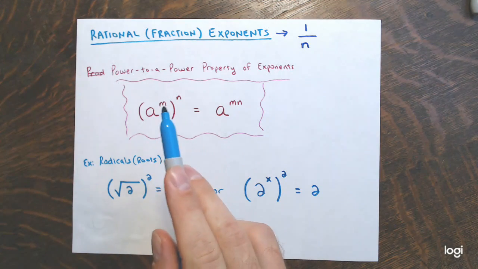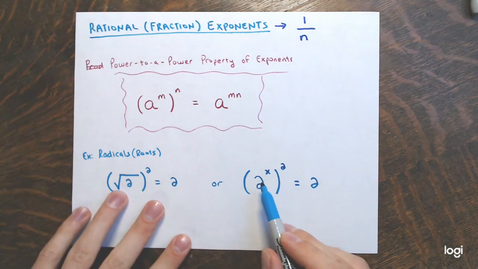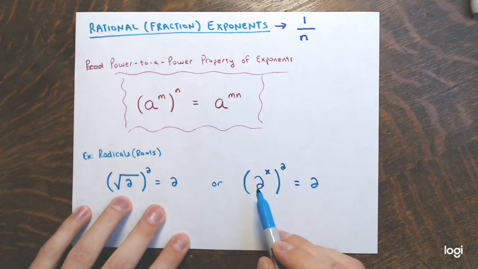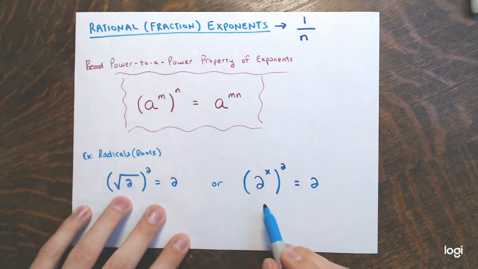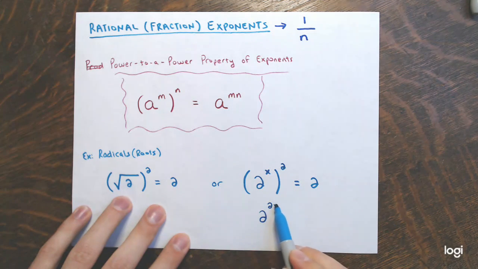And this is where that power to a power property comes in. This left side, I have 2 to the unknown power x, and then that again is being raised to the second power. This is equivalent to 2 to the x times 2 power, or 2 to the 2x power.